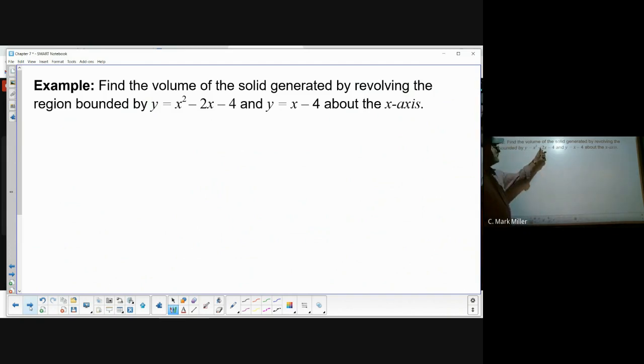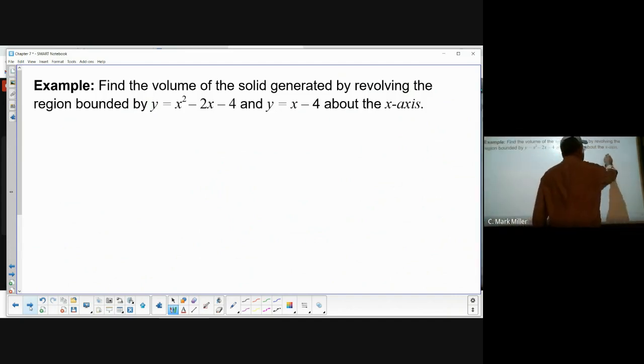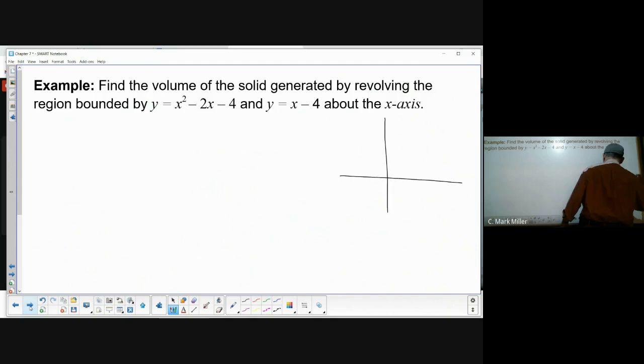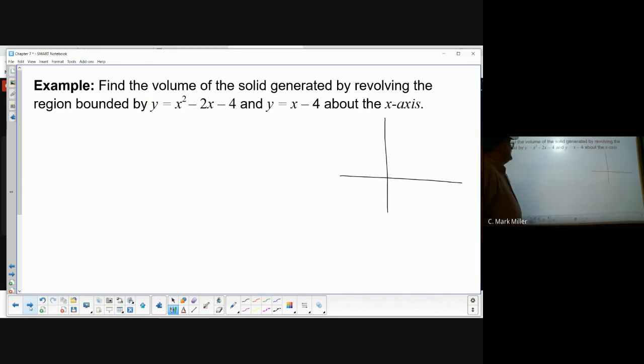So that parabola, how do you graph a parabola? Please tell me you can graph a parabola. This parabola right here has a y-intercept of -4.